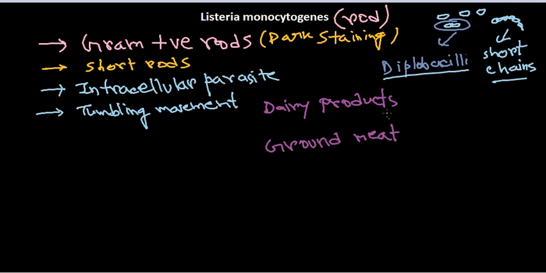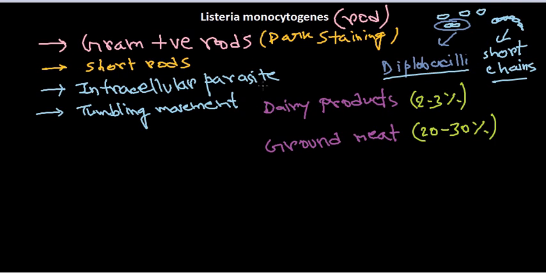That makes them very significant because in dairy products we can get almost 2 to 3% Listeria contamination, and in ground meat we can see up to 20 to 30% contamination, which is a very high level of contamination by Listeria monocytogenes or Listeria species.